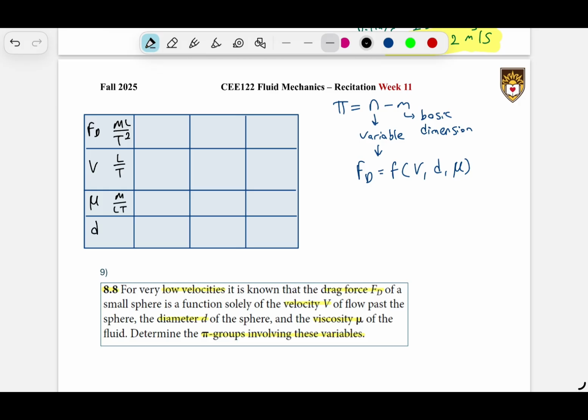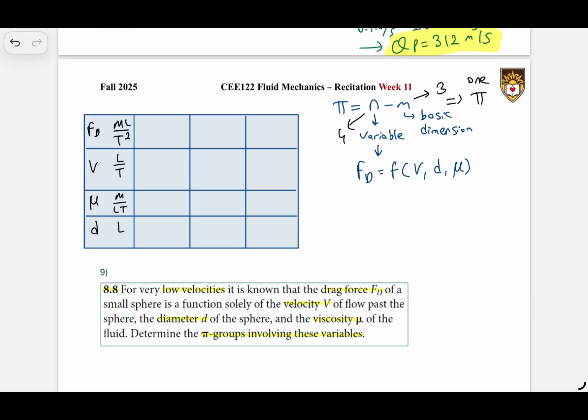And the last one is diameter, which is simply length or L. As we see here, we have three basic dimensions, M, L, and T, which is valid for all of them. So we have 3, and regarding the variables, we have 4, so that eventually we will have 1 pi group.